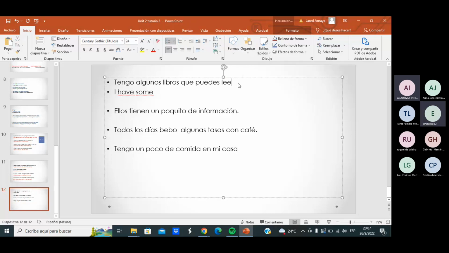I have a few books. I have a few books that you can read. Y también puedo usar some. I have some books that you can read. Pero ahora sí está claro, ¿verdad? Some es una palabra que significa alguno, y someone es una palabra alguien.